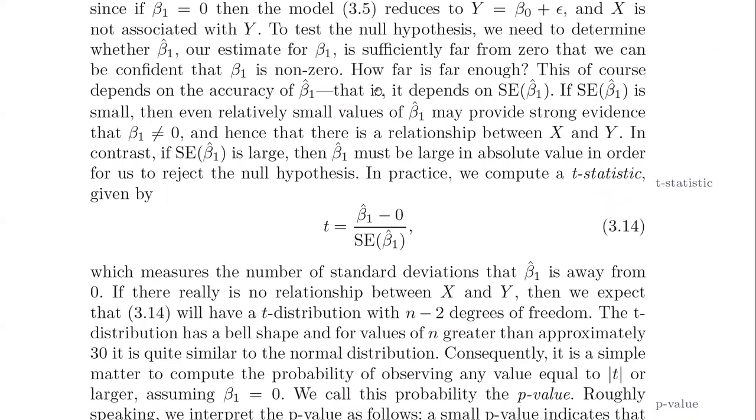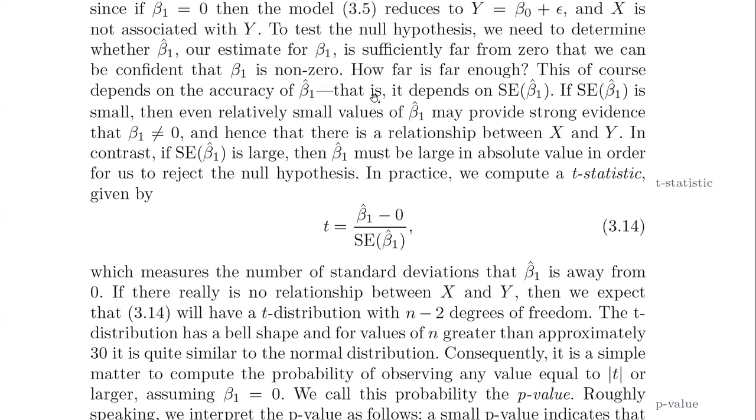Now, the question is, how far is far enough? Is the estimated beta 1 sufficiently far from zero to conclude that beta 1 is not zero? This, of course, depends on the accuracy of beta 1 hat.